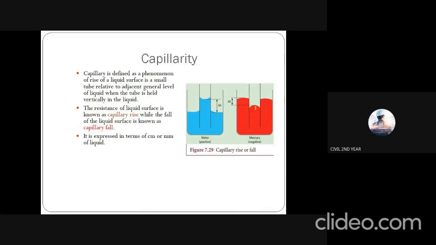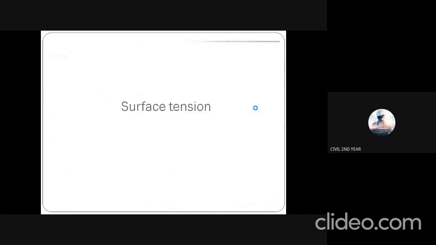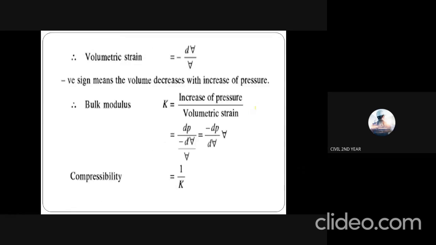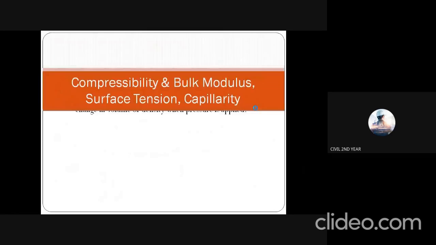Then we discussed the important properties of fluids: density, weight density, specific volume, viscosity, kinematic viscosity, capillarity, capillary rise, capillary fall, vapor pressure, surface tension, then compressibility. These are the properties we discussed in this session.